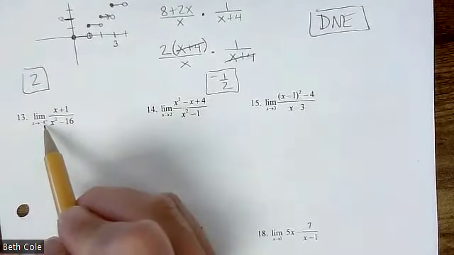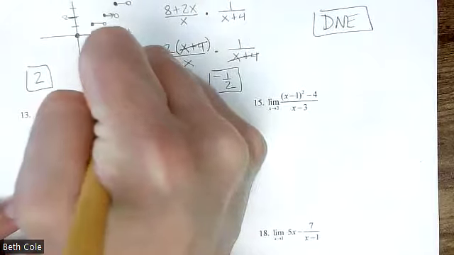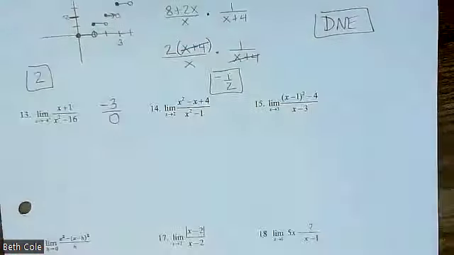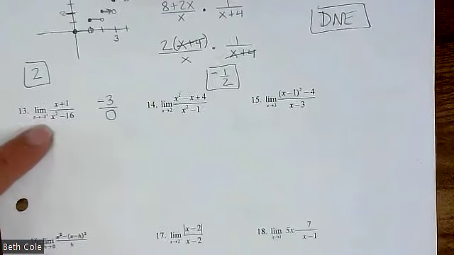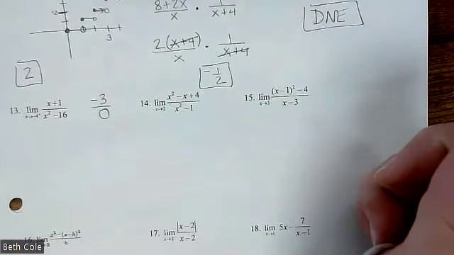All right, let's try and plug in -4 to this one. If you plug in -4, you're going to get -3 over 0. So same thing, but is this one sided? Yes. It's from the right. So picture a number line. What's a number to the right of -4? -3.